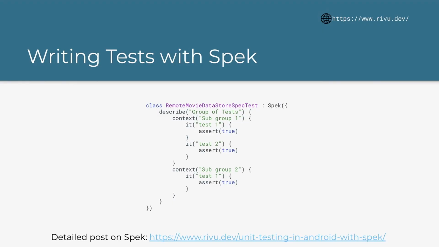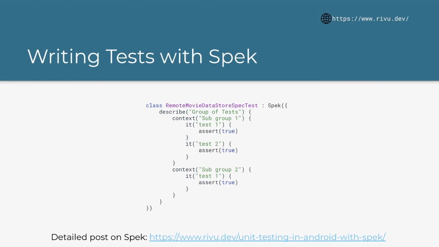You might have different scenarios that you want to test the method on. So describe can host the whole method, right? And different contexts can hold different scenarios. And in that, you can write the test cases with each of them. The test can go with it.